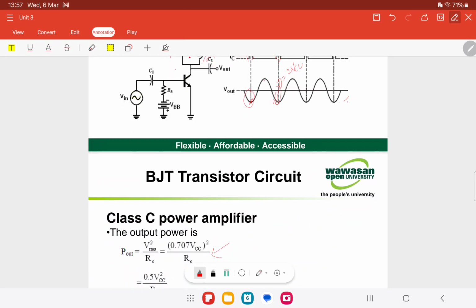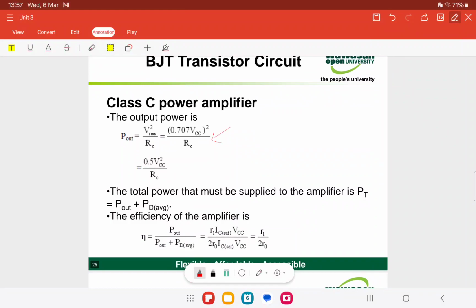The total power that must be supplied to the amplifier is P total, which is equal to P out plus PD average. And for the efficiency of the amplifier, we can get this one. When P out is much greater than PD average, the efficiency of the class C amplifier reaches 100%, and PD average is the average power dissipation.